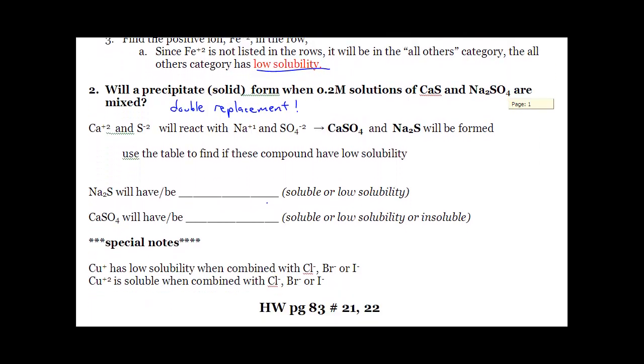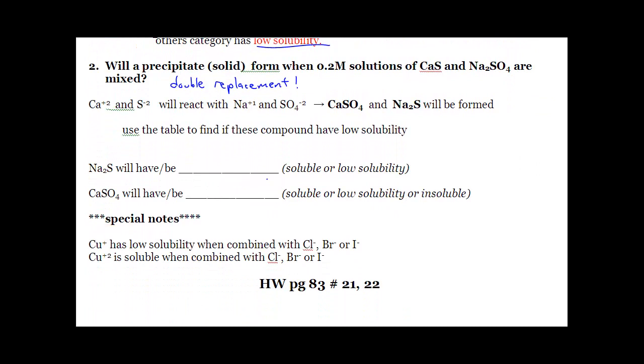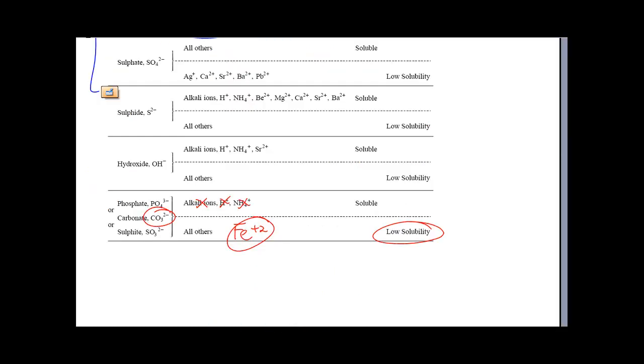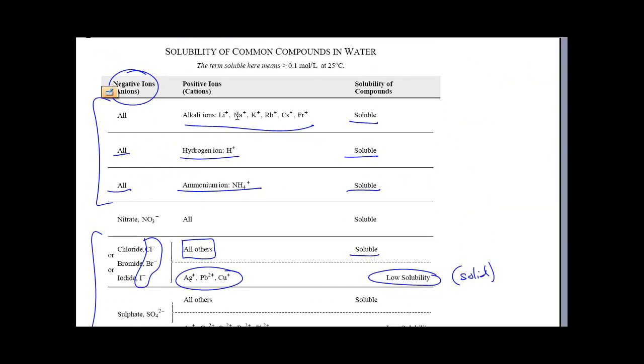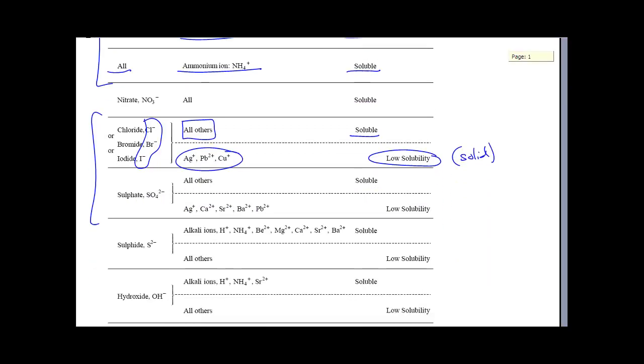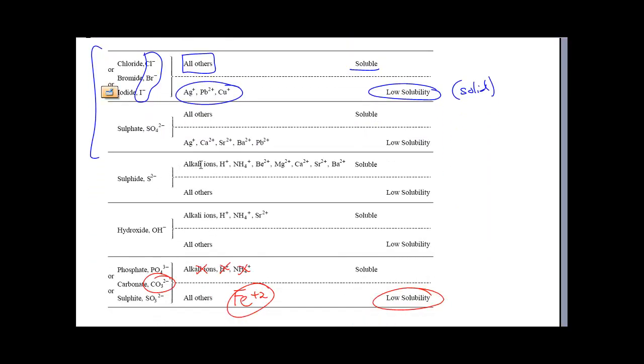So to give you kind of a real-world example, if you mix these ions together, are you going to form chunky solids, or is everything going to stay an ion? Will a precipitate form? Well, you have to do a double replacement. Switch the Na and the Ca, so you're going to get Ca react with SO4 and Na with S. And if you use your chart, Na2S: S is part of all others, and Na is an alkali, so it's soluble.